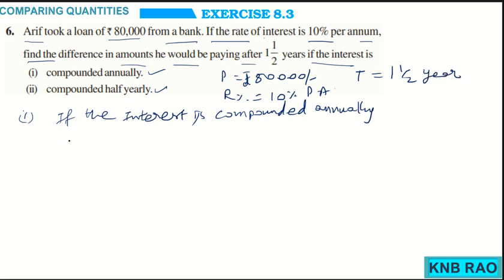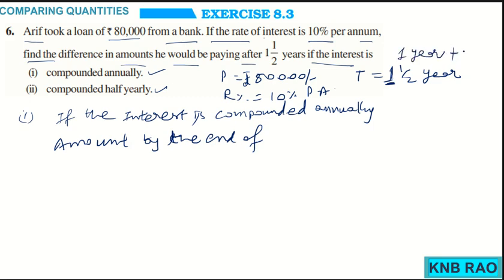How to solve this? First, we have to find the amount by the end of the whole part of this time, that is 1 year. Here it is 1 year plus 6 months. So first I am finding the amount for the whole part, by the end of 1 year.